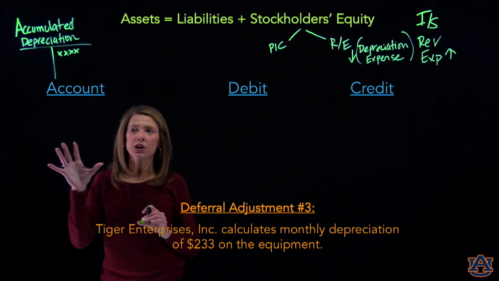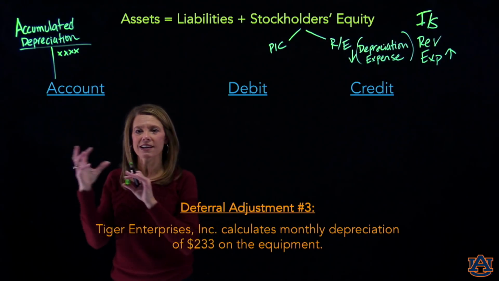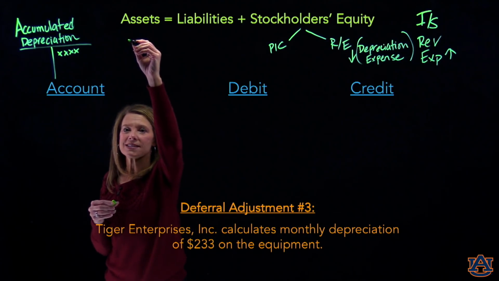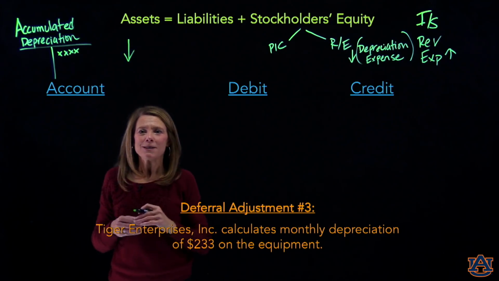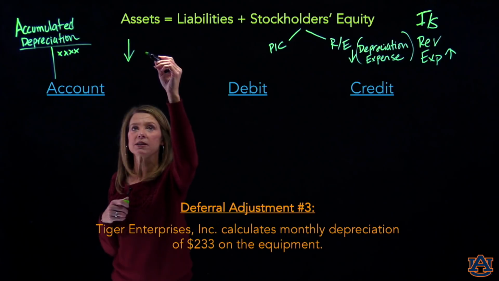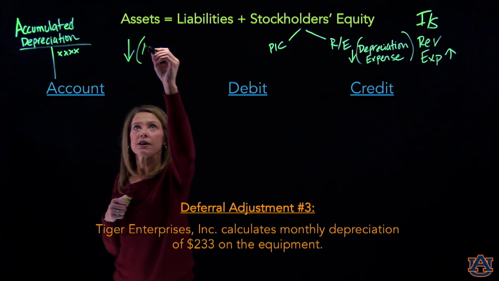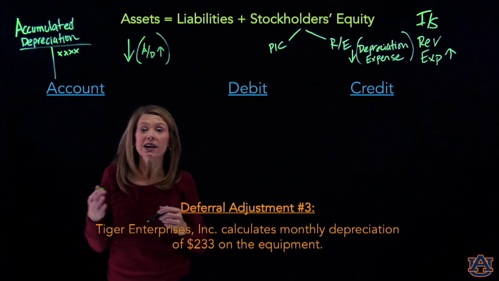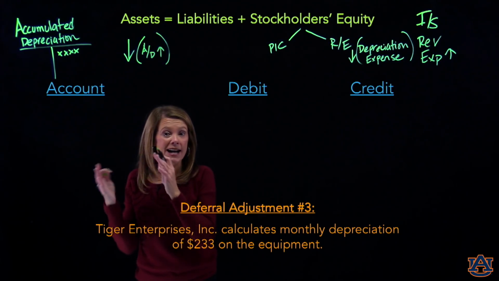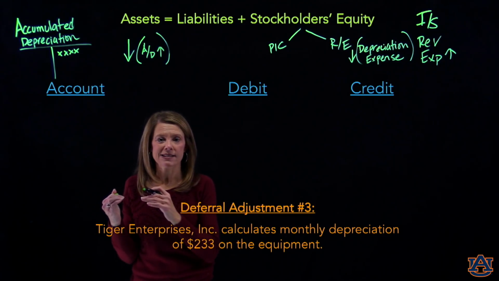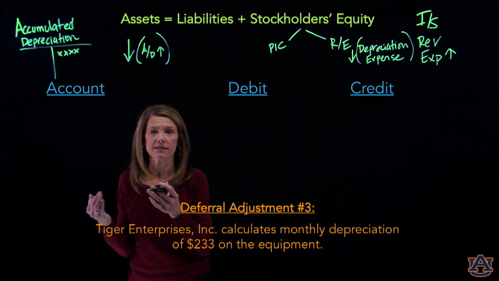And because accumulated depreciation works against our assets, as it goes up, it's going to bring our assets down. Okay, so assets are coming down as a result of accumulated depreciation, but accumulated depreciation itself is increasing, right? It's a deduction from our assets group, but it is pushing our assets down because it's being subtracted.